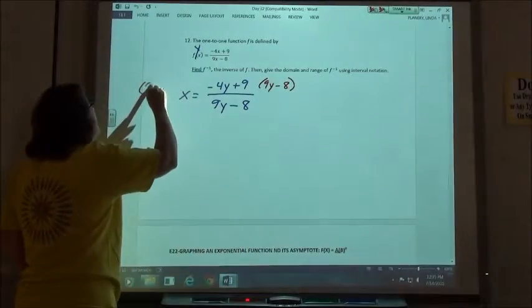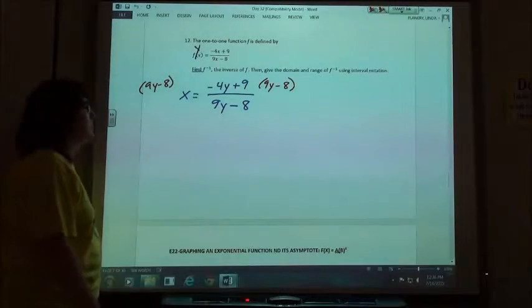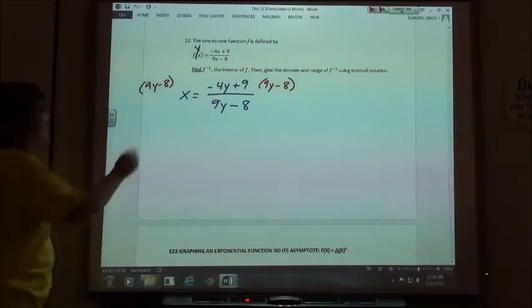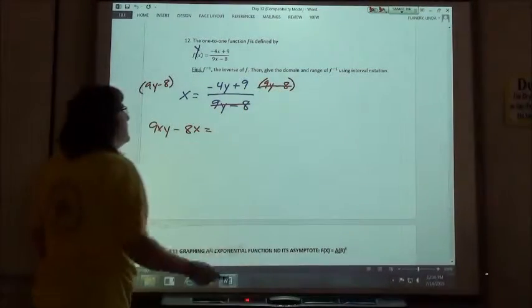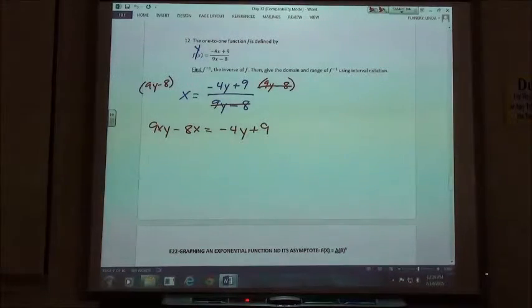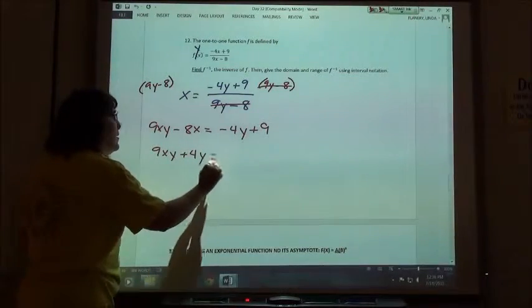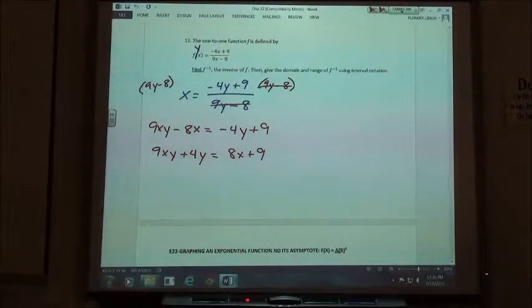And we would have equals our negative 4y plus 9, right? Moving our y's to the left and our other stuff to the right, we would then have what? 8x plus 9. That would become a positive 8x when we move it over.